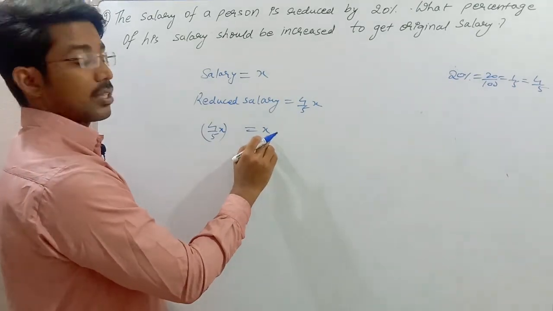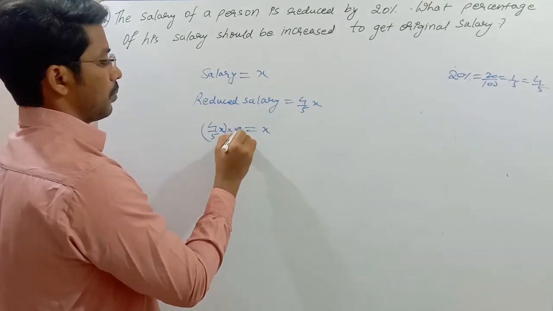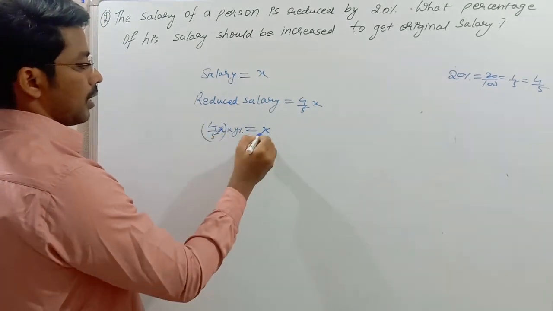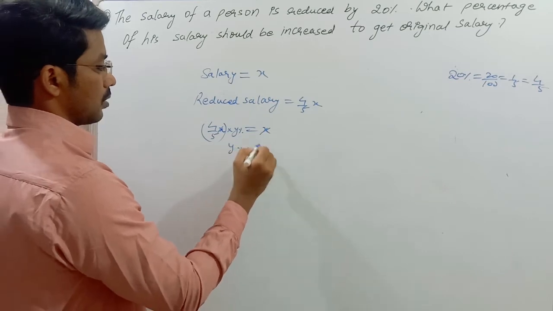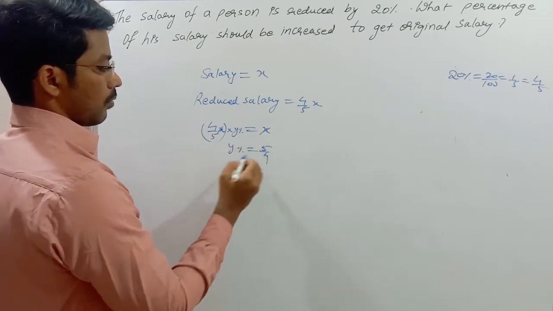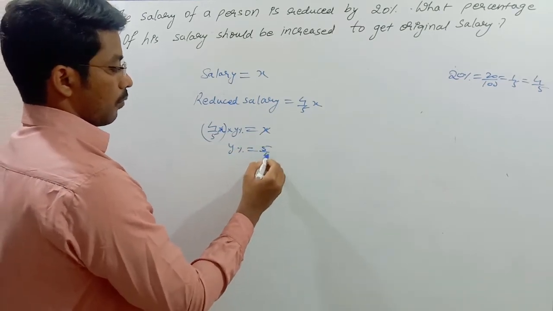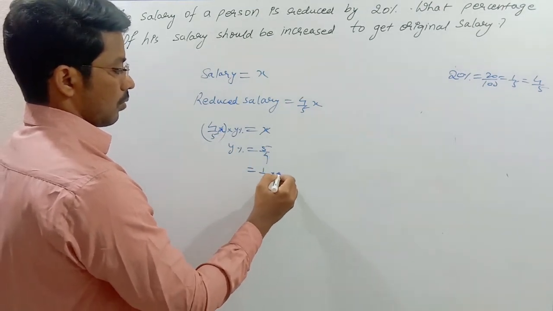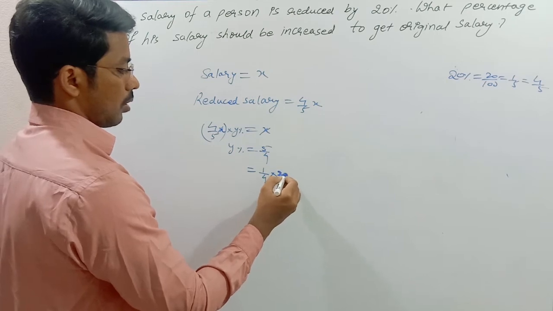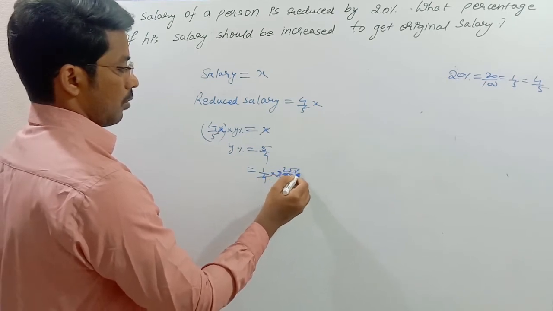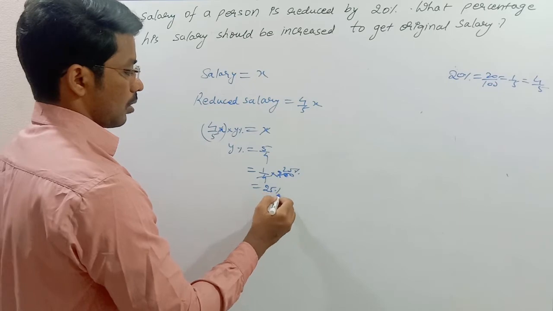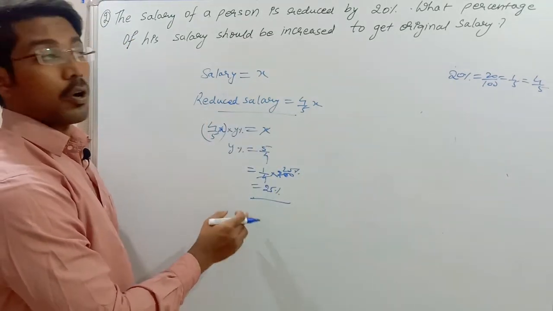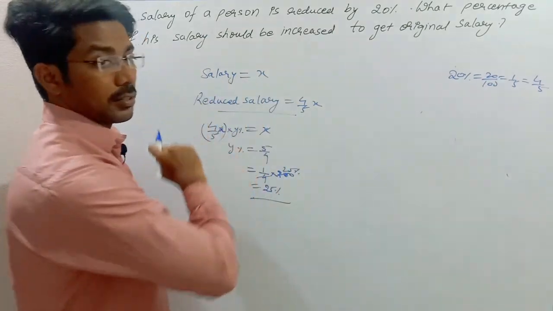Let it be Y%. Then X and X get cancelled, so Y% is equal to 5 by 4. So 5 minus 4, 1 by 4 into 100, 25%. So 25% of his reduced salary should be increased in order to get the original salary.